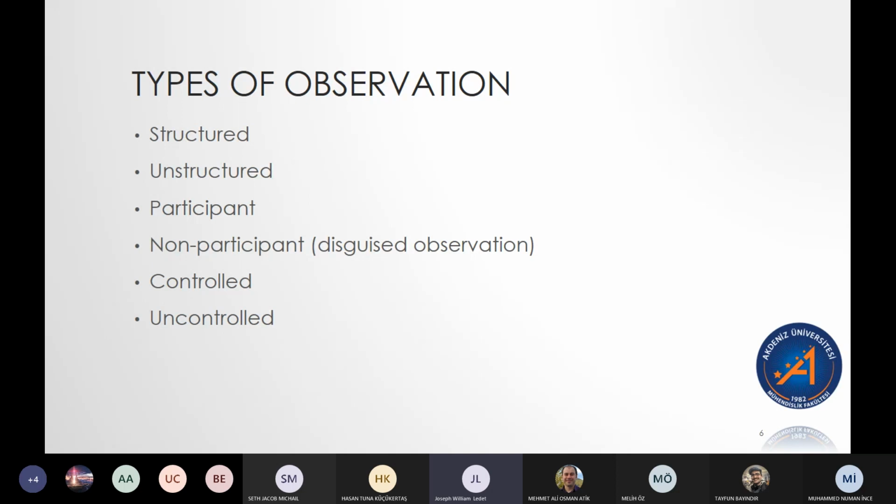Obviously that's non-participant, since a researcher cannot become a mouse and go into the maze, right? And the mice are, as far as we know, unaware that they're being observed for the purposes of scientific study. So those being observed don't necessarily know that they're being observed, but sometimes they are.